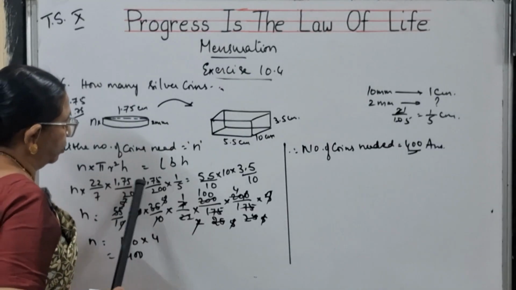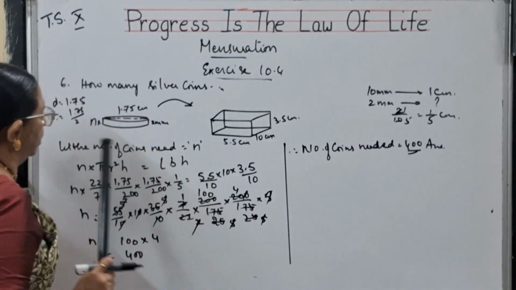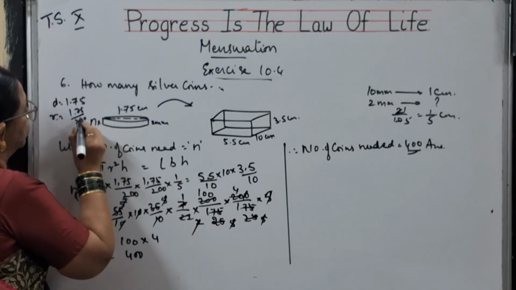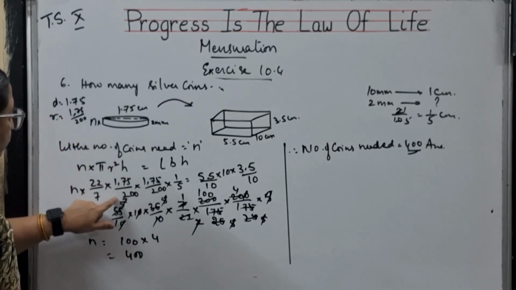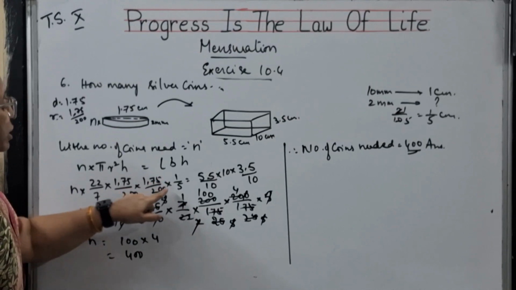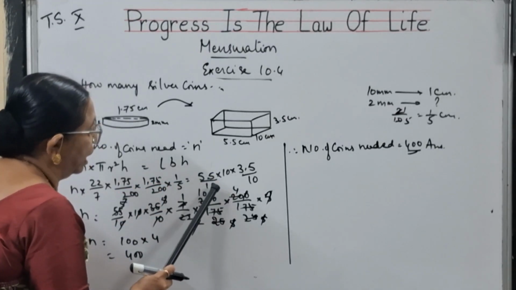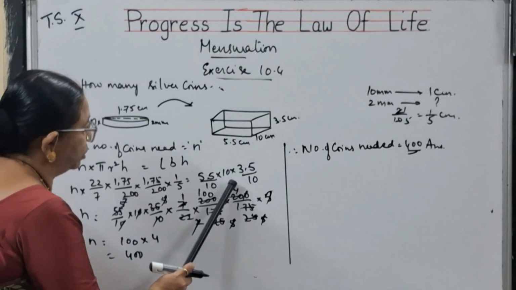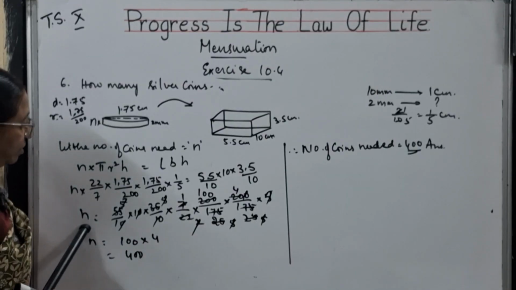1.75 by 2, 1.75 by 2 into 1 by 5. But what I did to cancel this decimal, I took two more zeros so that the decimal got cancelled. So 1.75 becomes 175 by 200, into 175 by 200, into 1 by 5 is equal to 5.5, where I took a 10 so that I can cancel the point, into 10 into 3.5 means 35 by 10. So n, I made n the subject.